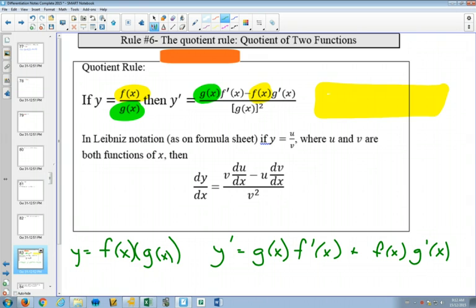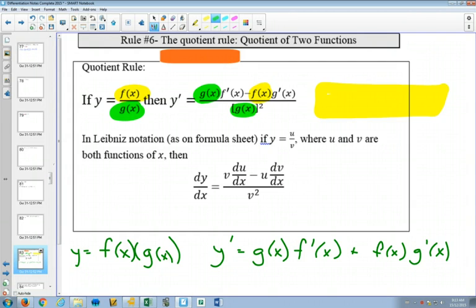But now it does matter that you keep the second one the same first. And then on the bottom of your quotient rule, you keep the bottom the same again and just square it. So whatever function's on the bottom, it stays the same again. So the highlighted parts here are things that don't change. They're going to be identical to what we had to begin with.